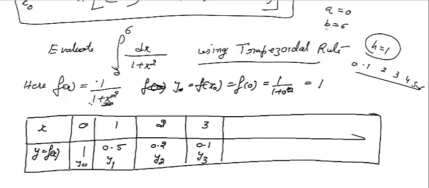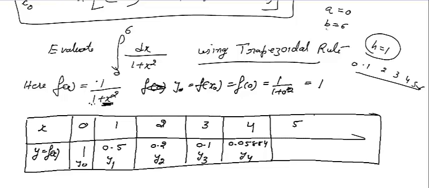It is y3. Now you will put 4. Correct? So when you put 4 here, 4 square is 16, 16 plus 1, 17. So 1 over 17, you can take the help of a calculator, because numerically a calculator is allowed. So I'm getting 0.05884 approximately. This is your y4. Okay.